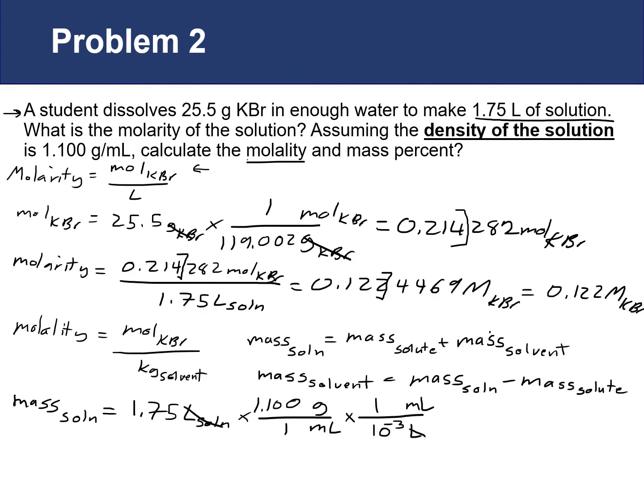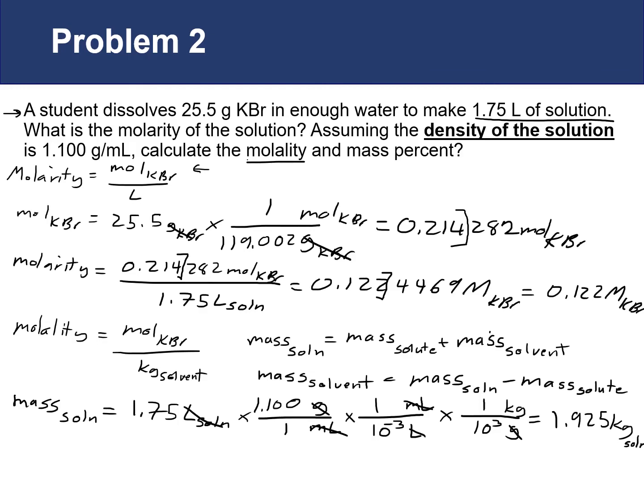Liters of solution cancel out, milliliters cancels out milliliters, so we now have grams of our solution. If we plug this into our calculator, we'll have grams of our solution, but we're after kilograms. So we are going to need to do one last conversion, convert grams into kilograms. 1 kilogram is 10 to the third grams. Our grams cancel out. Plugging this into your calculator, you'll get 1.925 kilograms, and this is the solution.